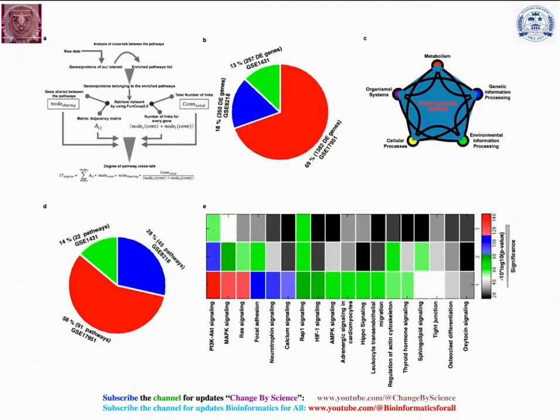For example, here you can see the white line has been inserted, which clearly segregates or separates the three different colors for three different conditions. And the pathways here are in three different conditions: breast cancer, prostate cancer, ovarian cancer.